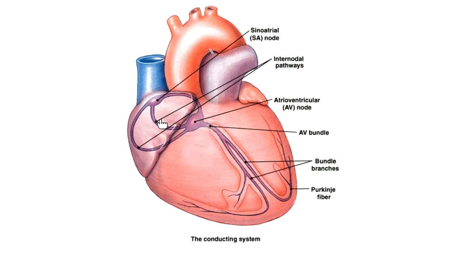So the signal is created at the SA node or the sinoatrial node. This area, these cells, they can't contain their ions properly. And because of that, they don't have a stable resting membrane potential. I know, that's nervous stuff. That's old school. You don't want to think about that. But remember, we're going to talk about this in lecture if we haven't already.